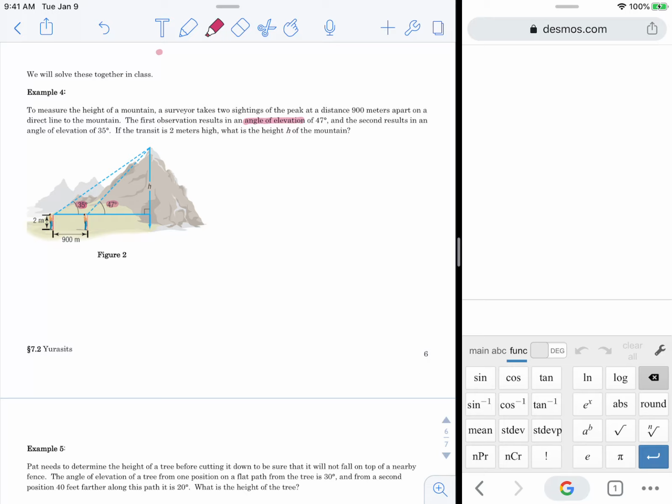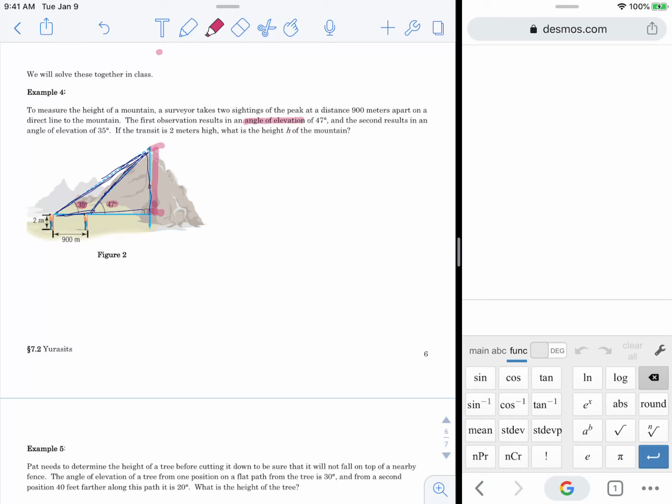So if we look at this, we see there's actually three triangles. There is the big right triangle. There's this guy, right? Then there's the smaller right triangle. And then here is this obtuse triangle. Now I need to find this height.